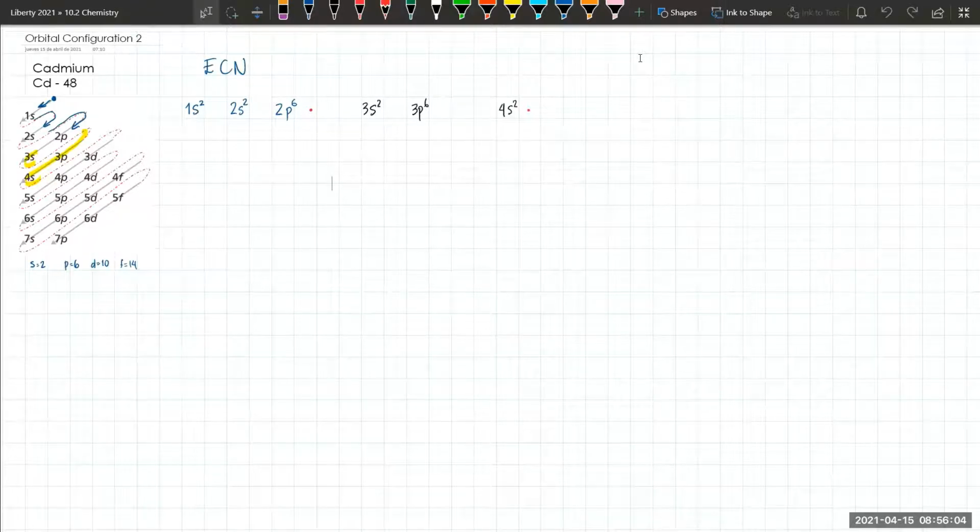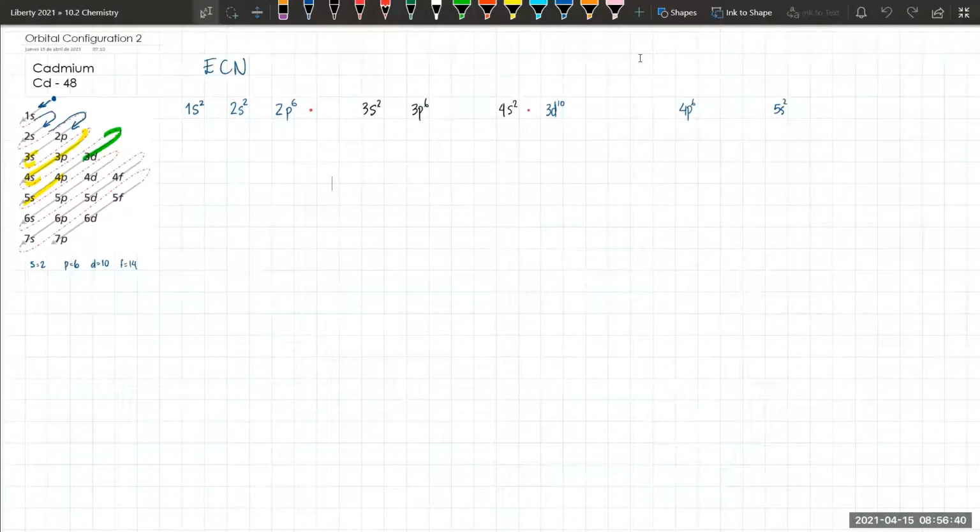Then I go with 3d10 and then 4p6 and 5s2. 3d10, 4p6, 5s2.